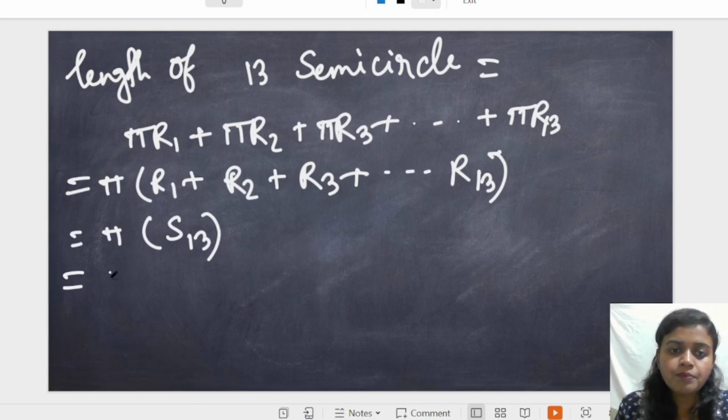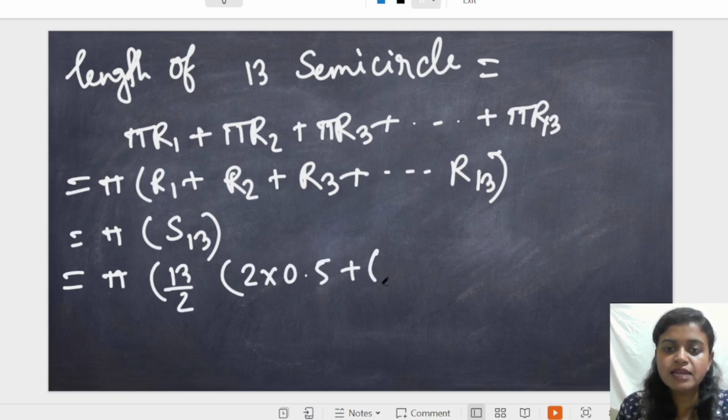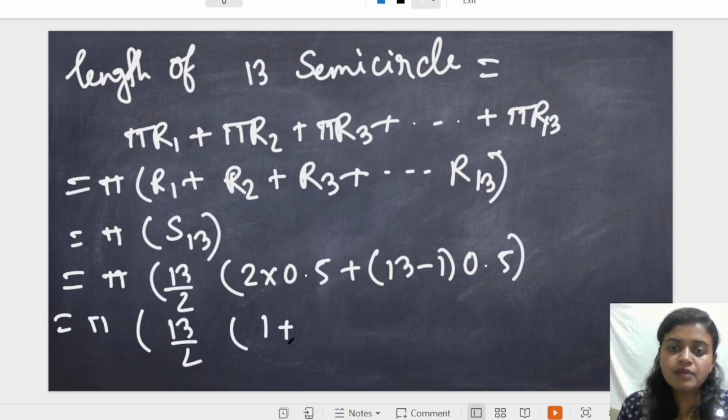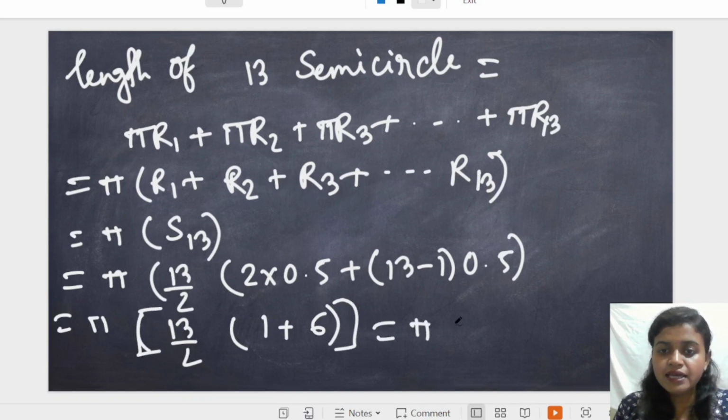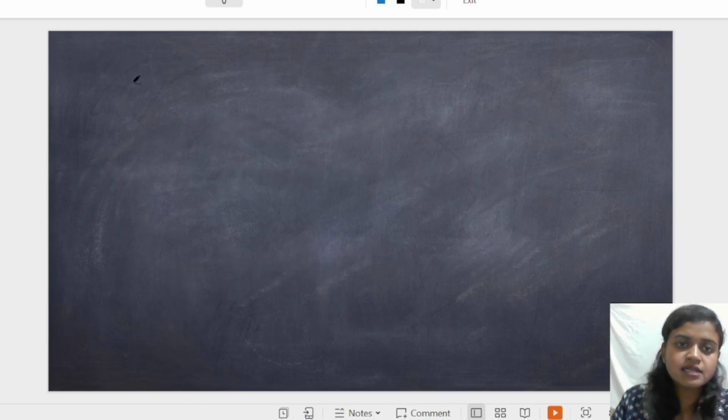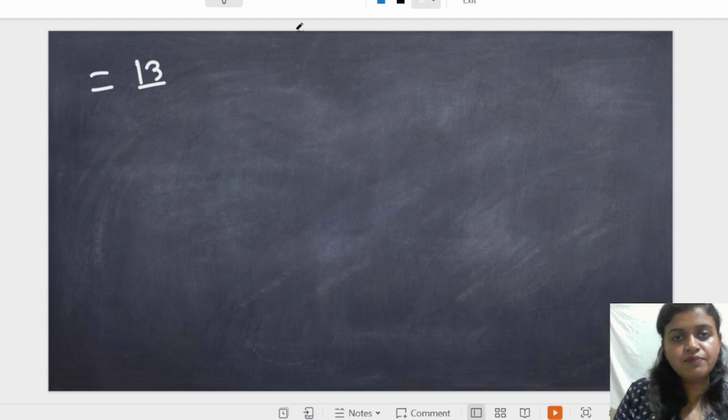So pi into S13, which is 13 by 2 into bracket 2a, that is 2 into 0.5, plus n minus 1 into d, also 0.5. So pi into 13 by 2, this will be 1 plus 13 minus 1, that is 12 into 0.5, that is 6. So pi into 13 by 2 into 7.